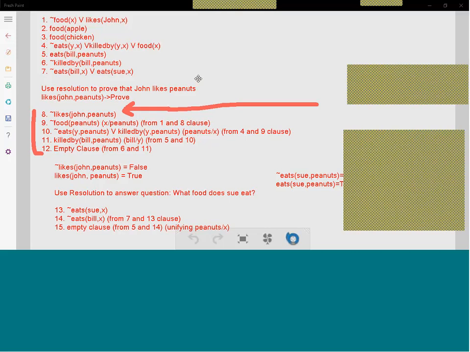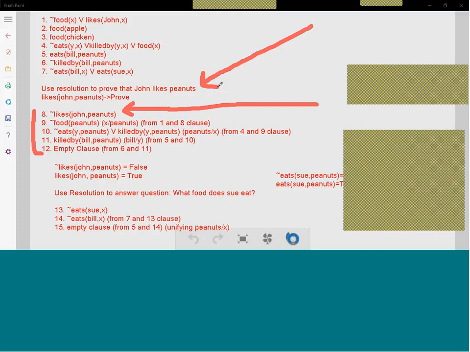In backward chaining, we always have to write down the predicate logic of the question. In the second step, after writing the predicate logic, we convert it into the complement form.